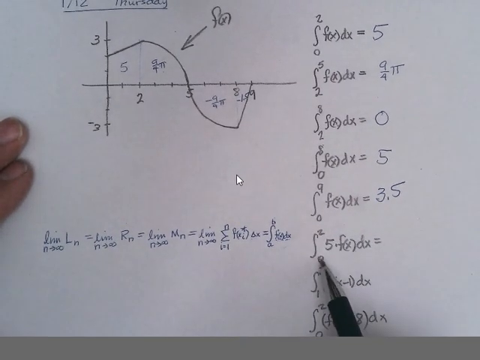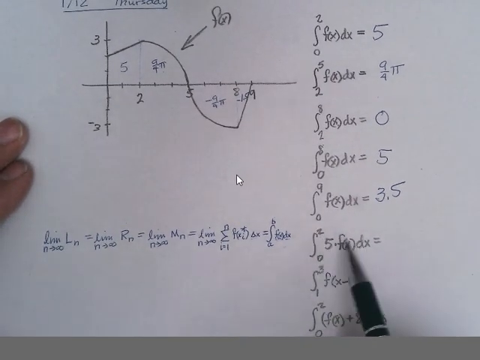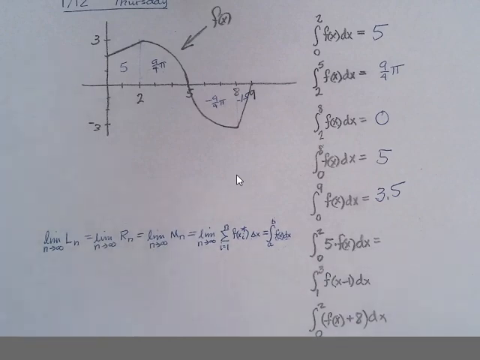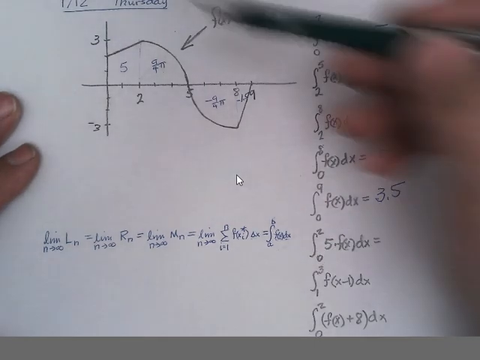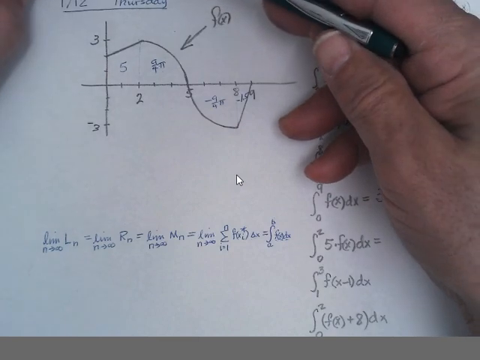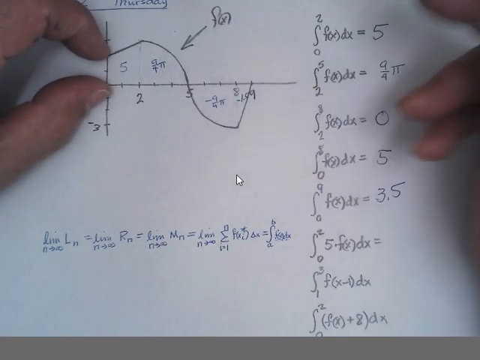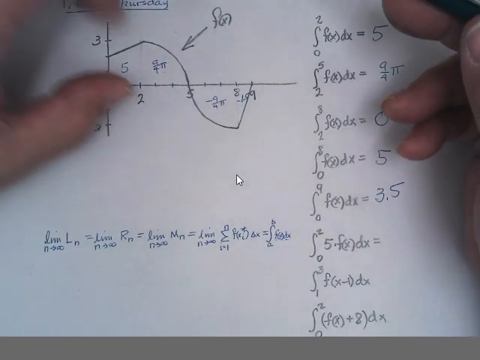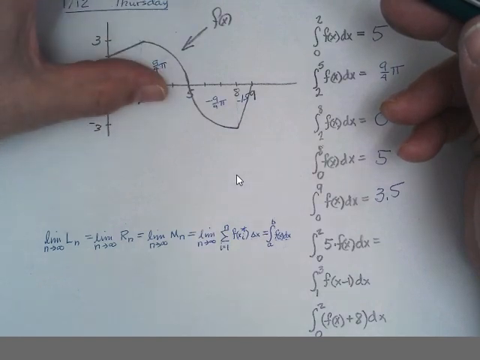Pause and figure out the integral between 0 and 2 of 5 times the function. 5 times the function from 0 to 2 makes all the y heights 5 times bigger. So instead of being 2 on this side, it'll be 10 on this side. Instead of being 3, it'll be 15.